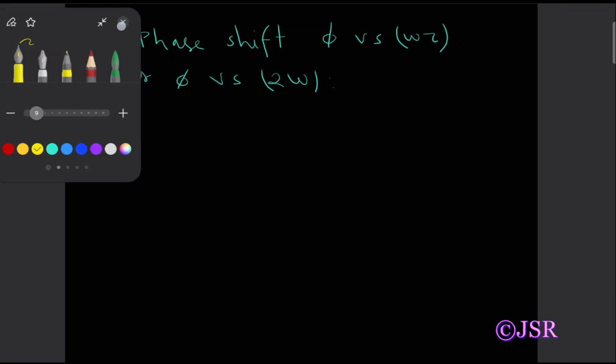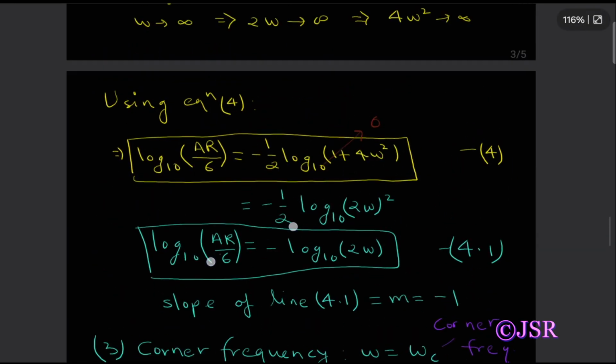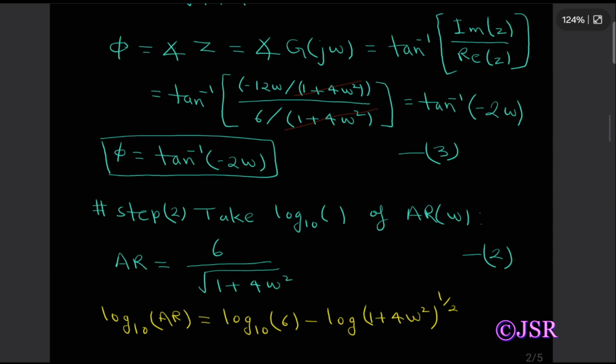So again at the low frequency, so at omega tends to 0, or when omega tau lies between 0 to 1, in that case phi can be calculated using equation number 3.